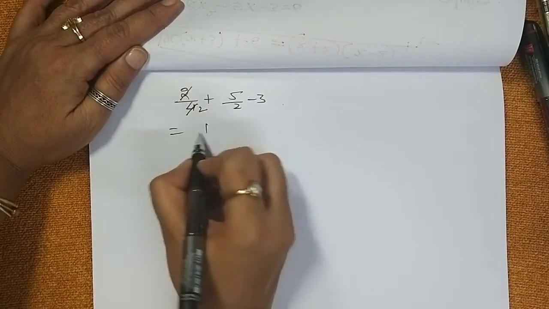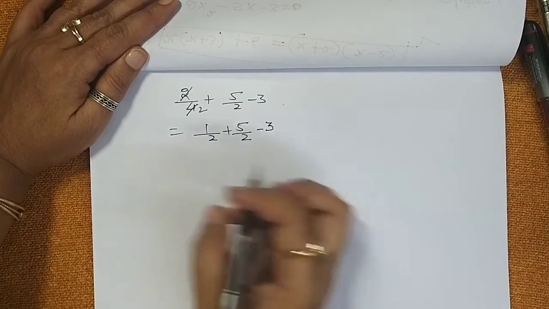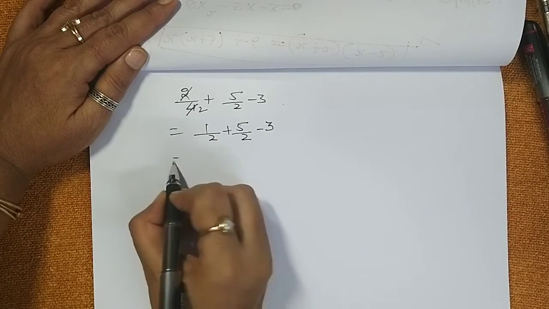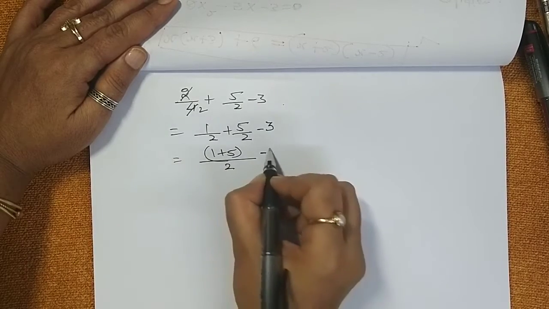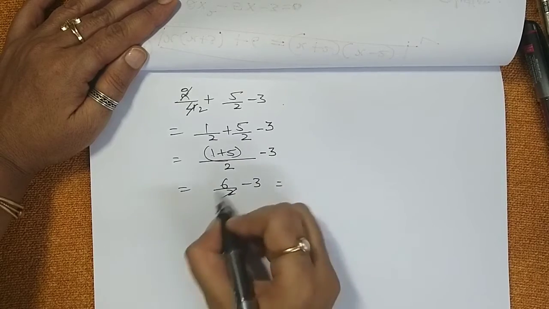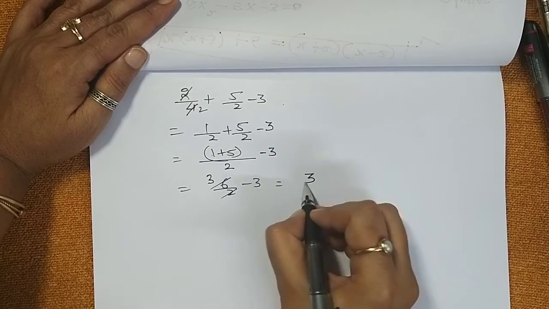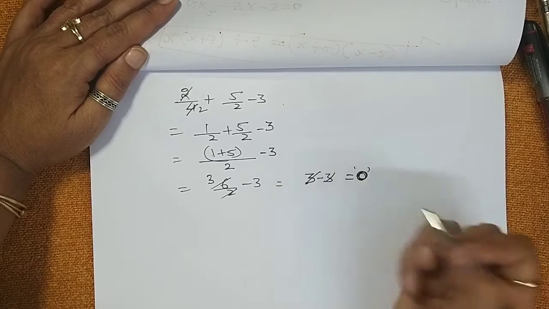So I can write it as 1 by 2 plus 5 by 2 minus 3. So these two I can solve. 2 is the LCM. 1 plus 5 is 6 by 2 minus 3. This is cancelling 3. 3 minus 3 is 0. And I am getting 0.